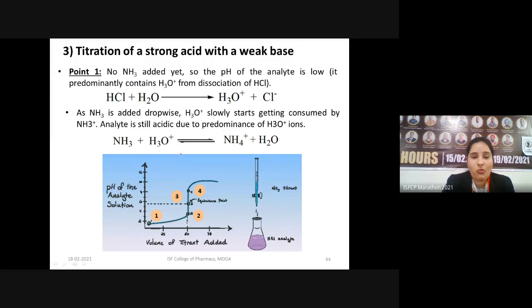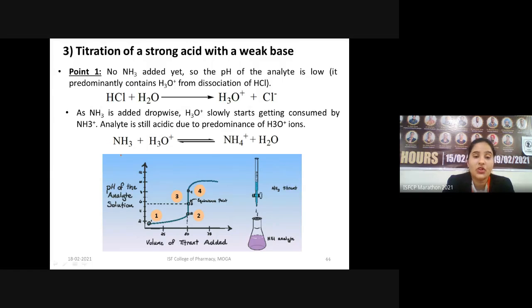So what happens when we are adding drops of ammonia? Ammonia reacts with hydronium ion. Ammonia accepts a proton from the hydronium ion. When it accepts the H positive proton, it forms ammonium ion, and a water molecule is produced.